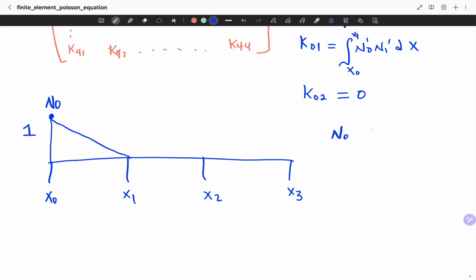it exists between 0 comma 0, so that's like x0 comma x0, and also x0 comma x1. So it exists here, which is 1, and then it is connected like this.